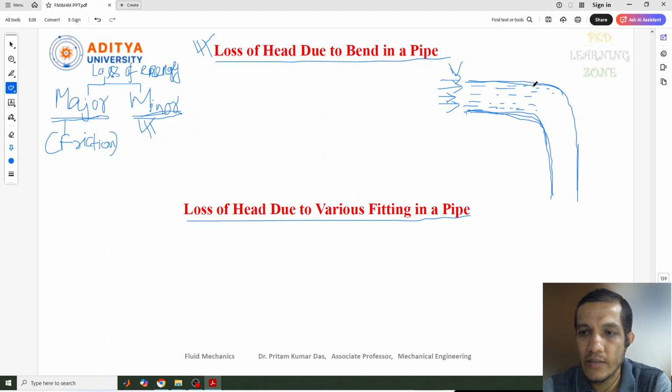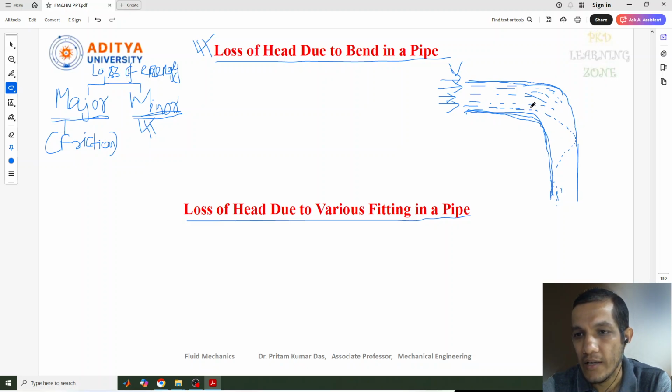But when the pipe starts bending, the fluid won't cover all the surface of the pipe, and the flow starts separating. It will come like this, strike, then come back like this, and then go with the flow.